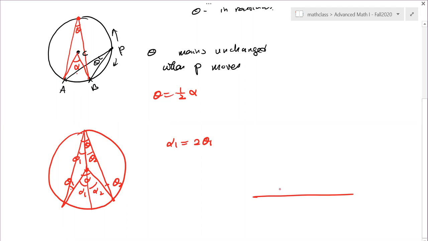Remember the formula, right? For these two angles, alpha and beta, gamma is going to be alpha plus beta. This is always true. So now alpha 1 is 2 theta 1, because these two angles are identical. Similarly, alpha 2 is 2 theta 2.